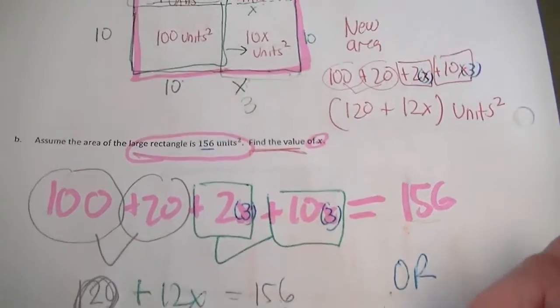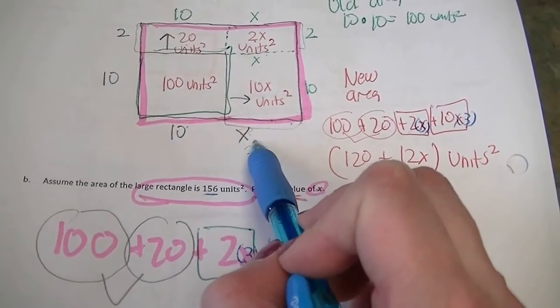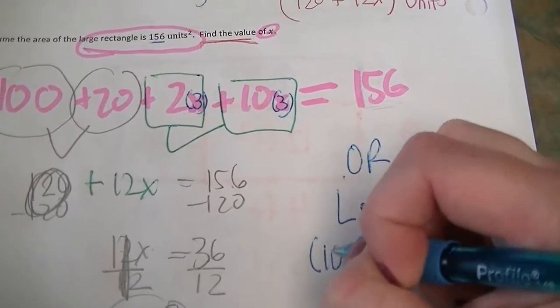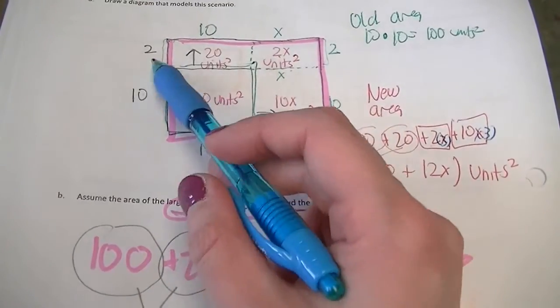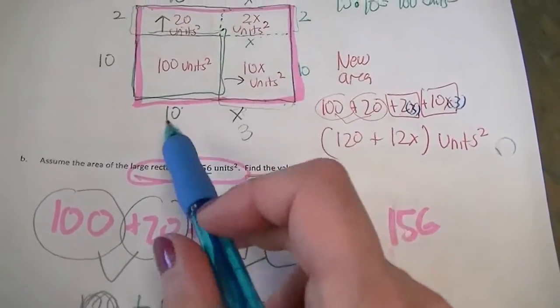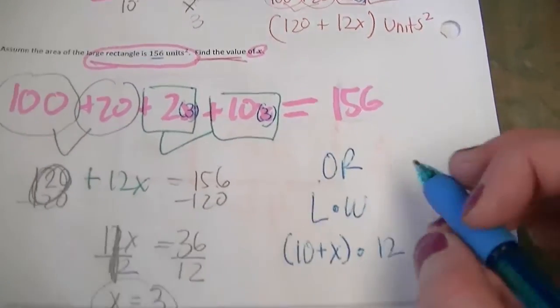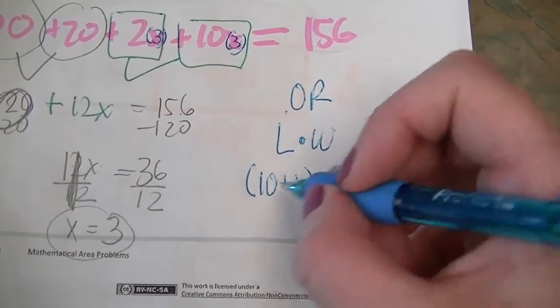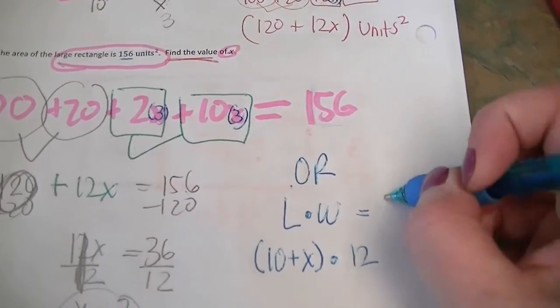So length of this is 10 plus x, okay, and we multiply by the width. The width here is 12. See, I got 12, 10 plus 2 is 12. The reason I couldn't go 10x is because those are not like terms, okay? So we just gotta go length times width, and they're saying that the area is 156.